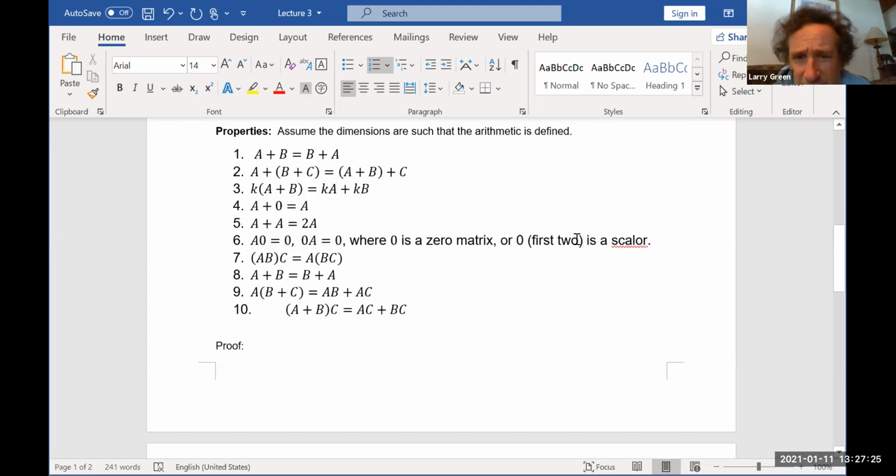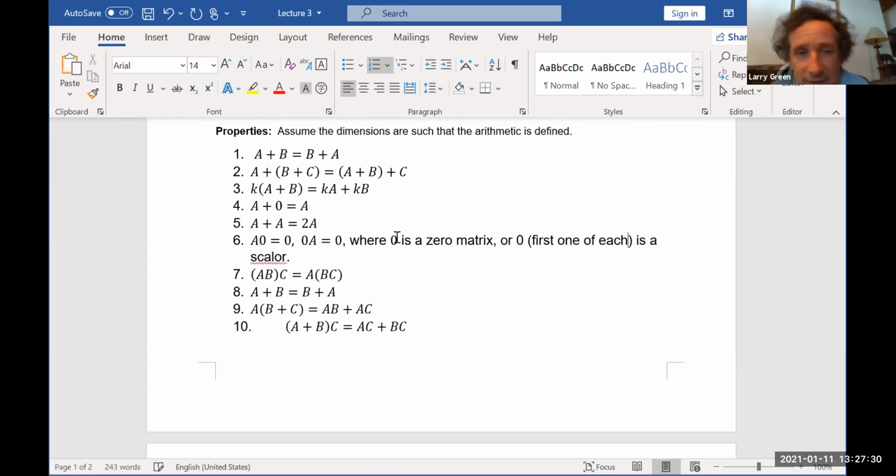So in other words, A times the 0 scalar is equal to the 0 matrix, and the 0 scalar times A is the 0 matrix. But you can also say A times the 0 matrix is equal to the 0 matrix, and the 0 matrix times A is the 0 matrix. So 0 is confusing. You're probably not used to 0 being a confusing symbol, but it is because 0 has lots of meanings now in this class.